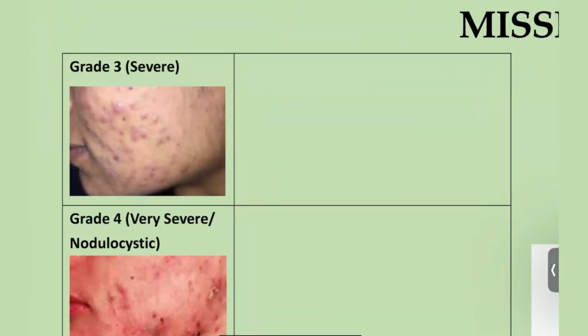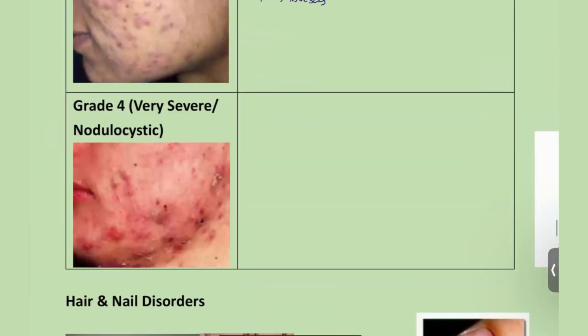Grade 3 is extensive, more severe, and involves pustules and pus or abscesses. Next, grade 4 is almost extensive, nodulocystic.